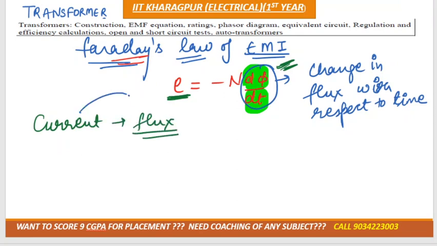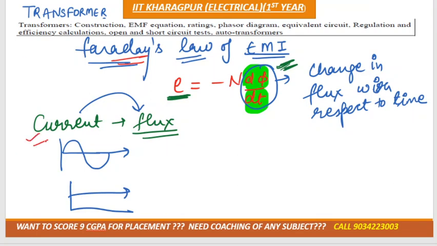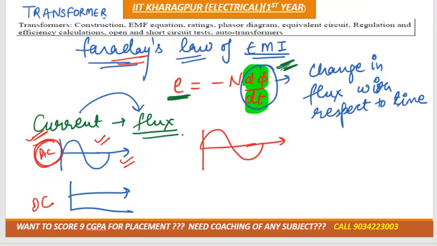As you know, flux depends on current. If the current is changing, then the flux will change. In case of an AC or DC supply, the current with an AC supply changes. Now current is changing, so flux is induced, yes or no? If the current changes, the flux will also change.